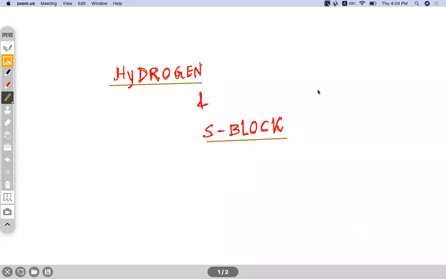Yeah, so last class we started with hydrogen and we were doing the preparation of hydrogen, correct? The first method that we have done is by the action of water on active metals.